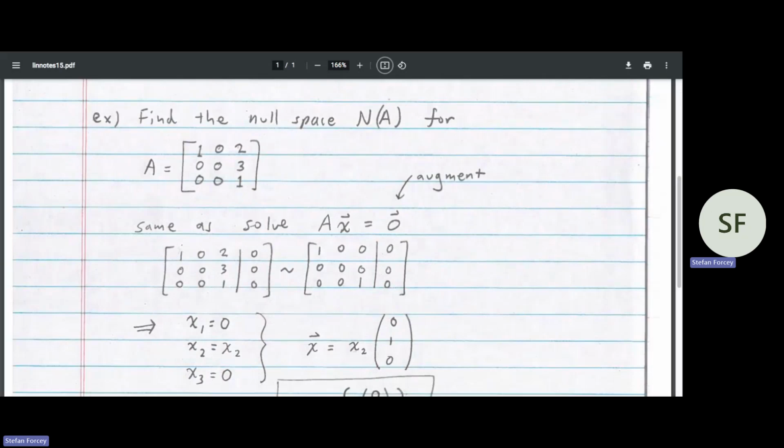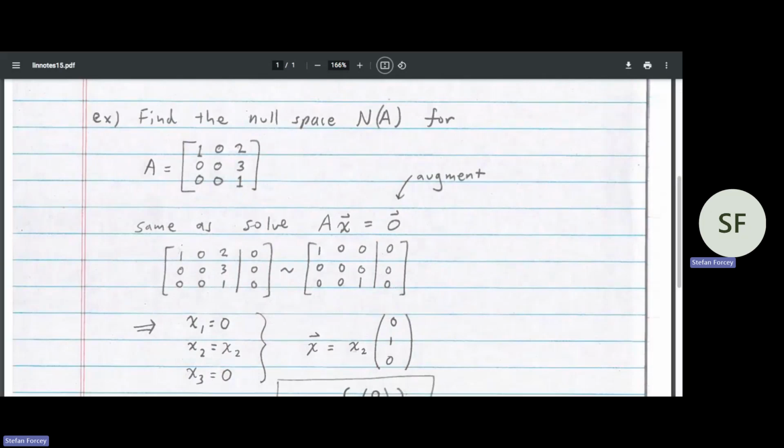Now, it's the same question as solve Ax equal to 0. So you just augment with the 0 vector, or solve the homogeneous equation, or even go back and think of it as a vector equation or a system of equations. Either way, you put the 0, 0, 0 on at the end of the matrix and row reduce. So this one is not too hard to row reduce.